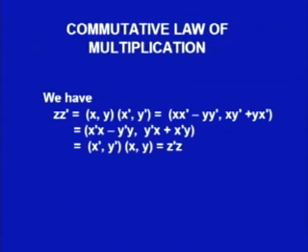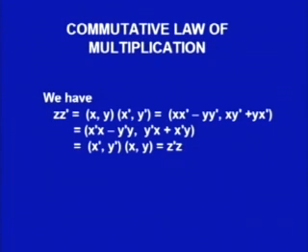And this will be equal to, we can apply the commutative law of multiplication of real numbers and write this number equal to x dash x minus y dash y as the real part, and y dash into x plus x dash into y as the imaginary part, which we can write equal to the complex number x dash comma y dash, that is x dash plus I y dash, into the complex number x comma y, that is x plus I y, and this product is again equal to z dash into z.